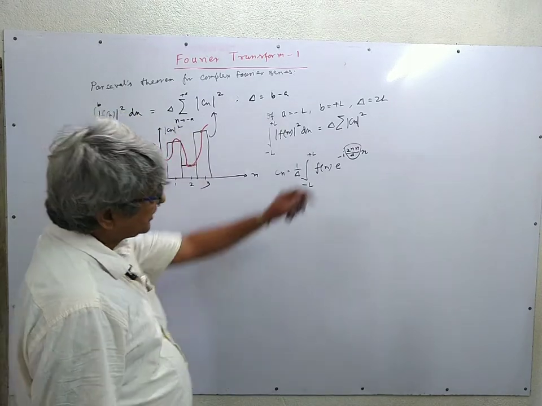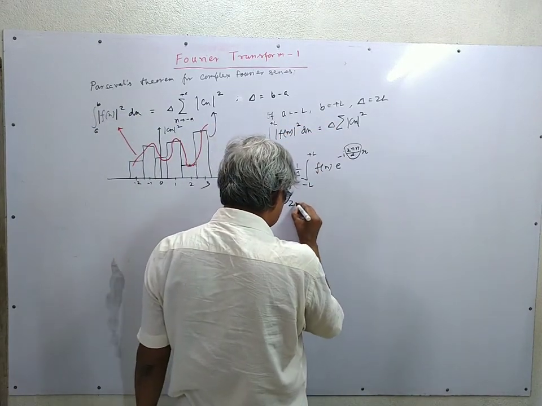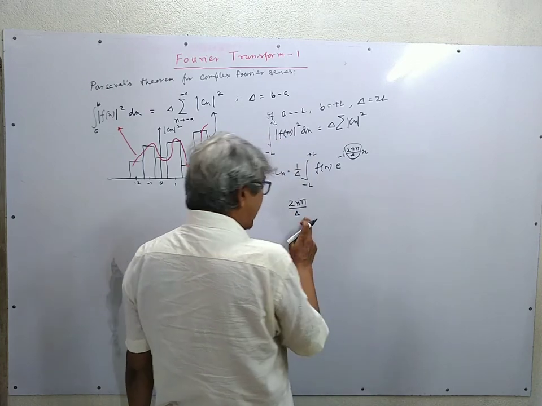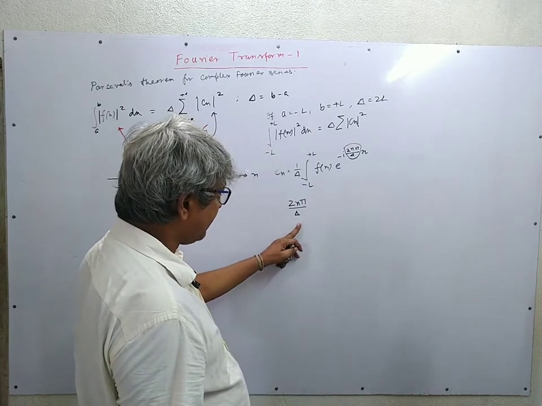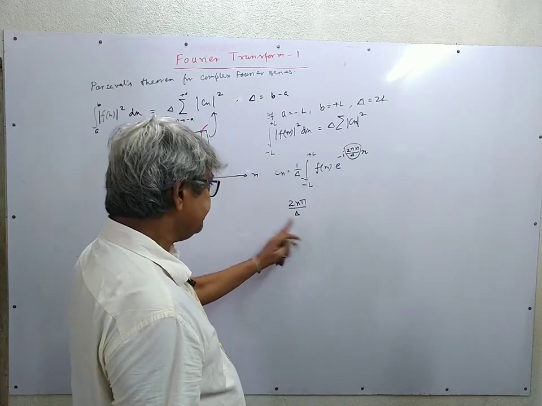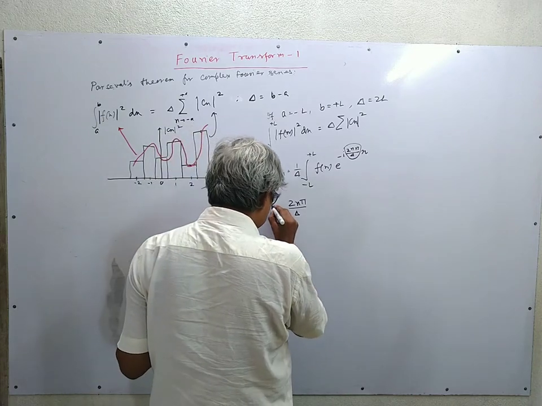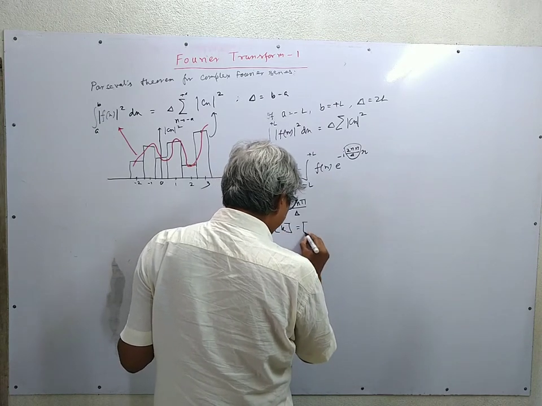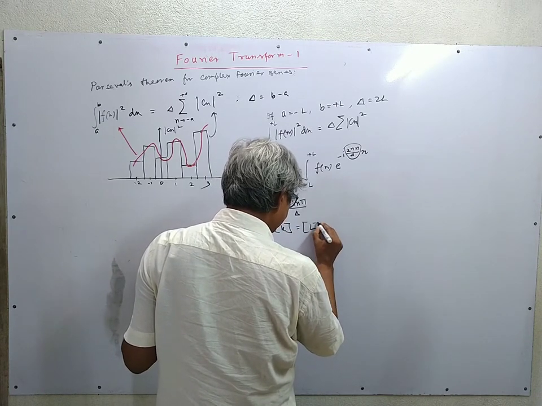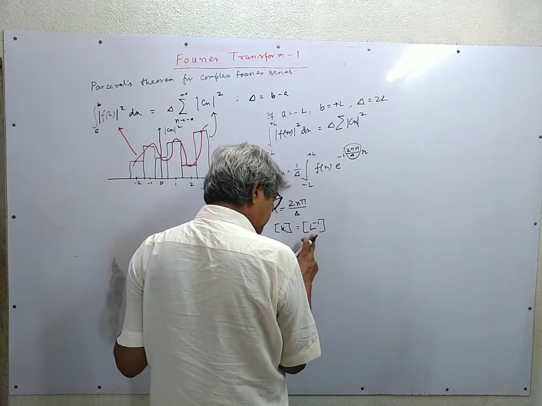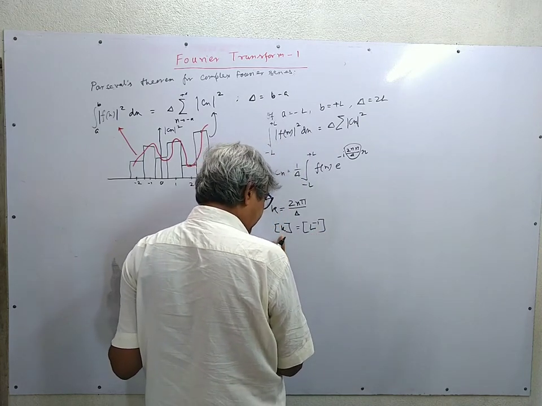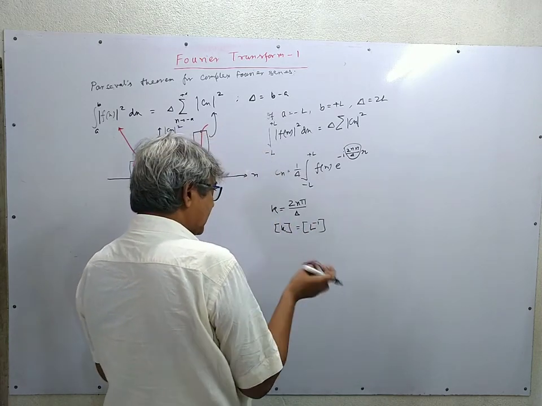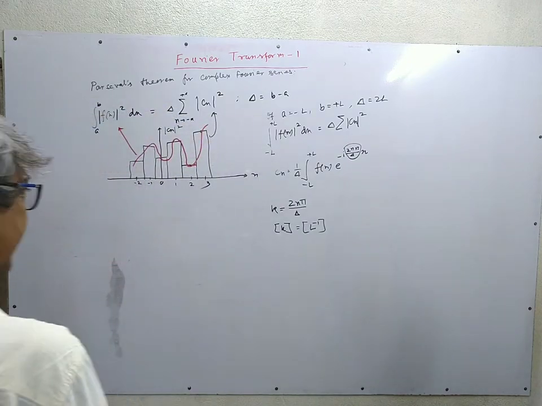If we consider this as 2n pi, in the numerator all the quantities are dimensionless, and in the denominator the quantity that we have used has the dimension of x. So if we call this quantity k, then the dimension of k is inverse of L. If L happens to be a space coordinate, then it is 1 by x, and if it is time, then it is 1 by t. That is how we are going from one space to another space.